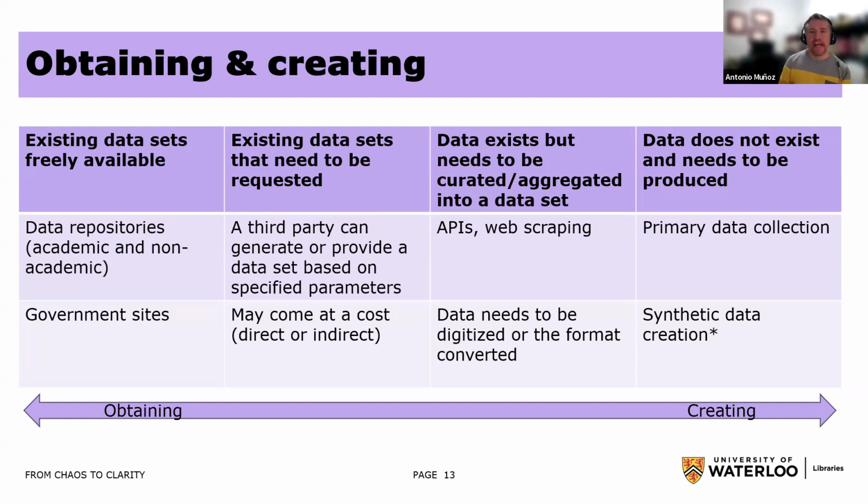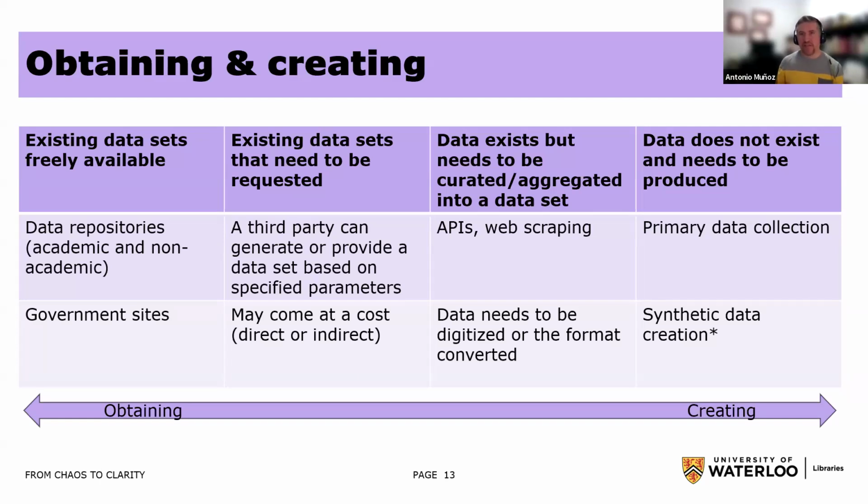Then there are situations where the data already exists somewhere, but it has to be curated or aggregated into a data set. So for example, if you wanted to find out the prices of certain groceries at different grocery stores, maybe you do some web scraping or you use some APIs to pull the prices of different products from the various grocery store websites.